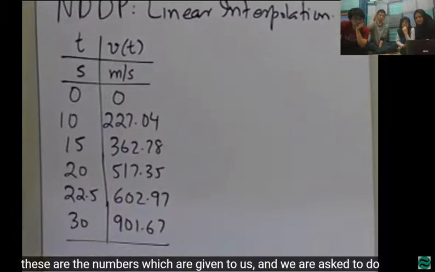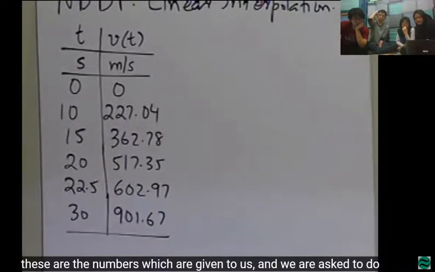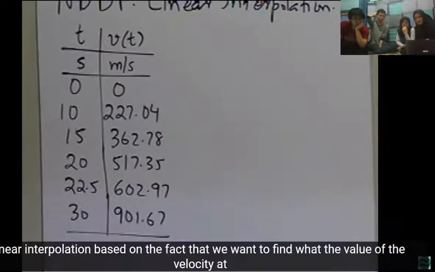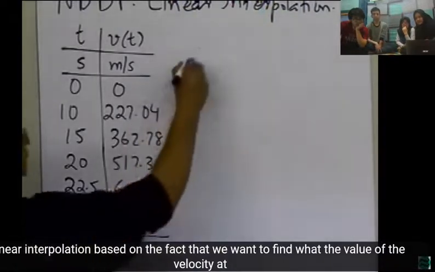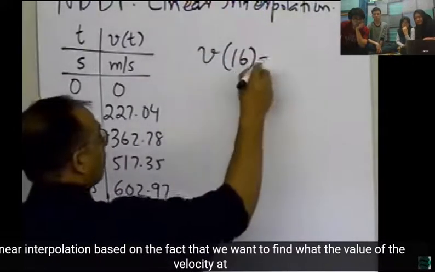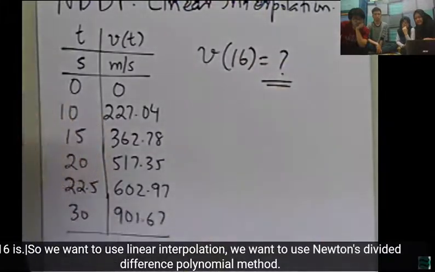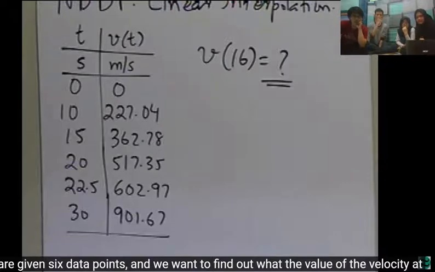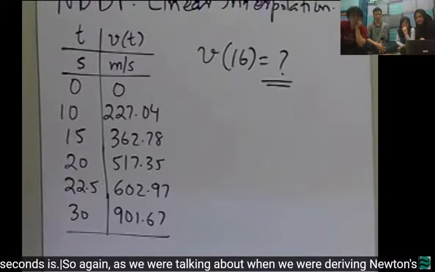So these are the numbers which are given to us, and we are asked to do linear interpolation based on the fact that we want to find what the value of the velocity at 16 is. So we want to use linear interpolation, we want to use Newton's divided difference polynomial method. We're given 6 data points, and we want to find out what the value of the velocity at 16 seconds is.